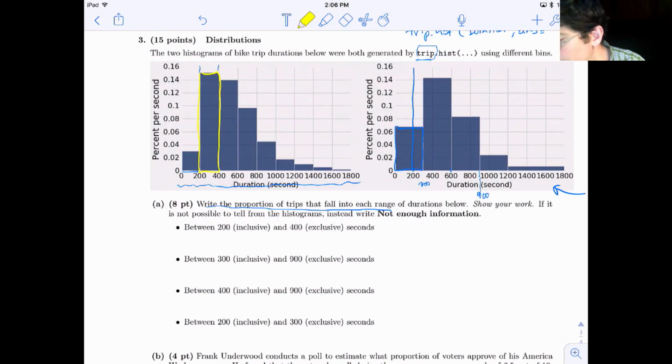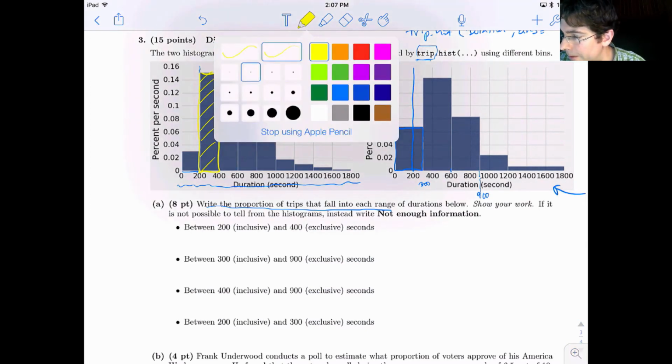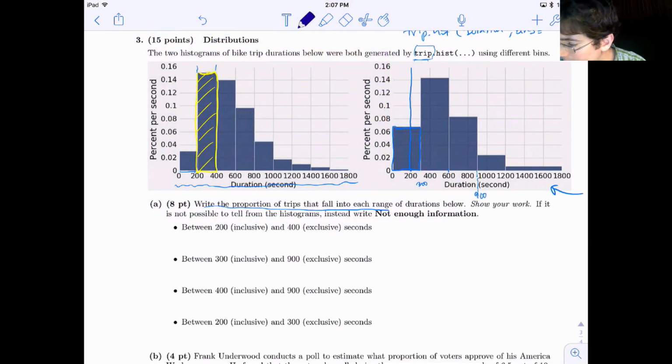So this bin is represented by a rectangle, and we want the total area of this rectangle, which is its width times its height. Now its width is 200 because it goes from 200 to 400. So you might write that as 400 minus 200, or it's fine if you just wrote it as 200.